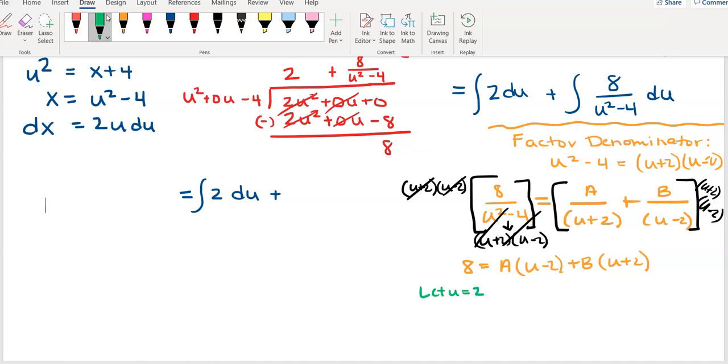So if I let u equal 2, again, we're getting that from the idea of u minus 2 equaling 0, then we would end up with 8 is equal to a times 2 minus 2, of course, is 0, plus b times 2 plus 2 would be 4. So this would end up being 8 is equal to 4b, or that b is equal to 2.